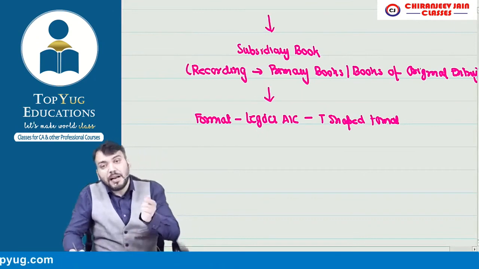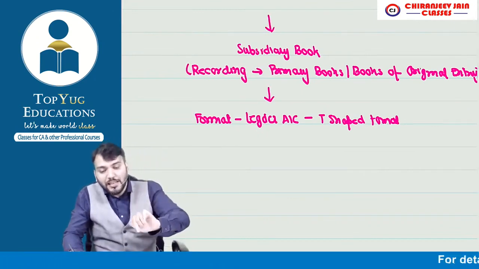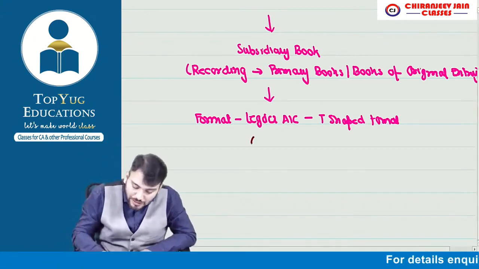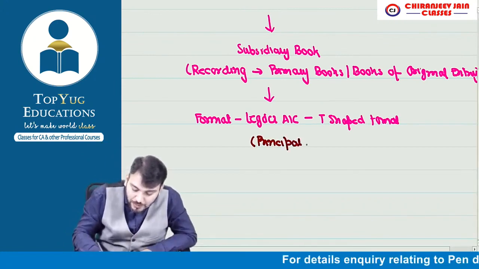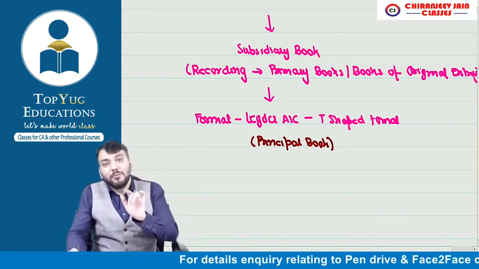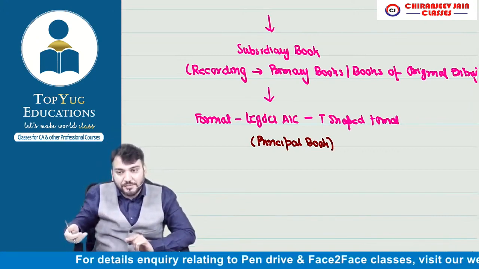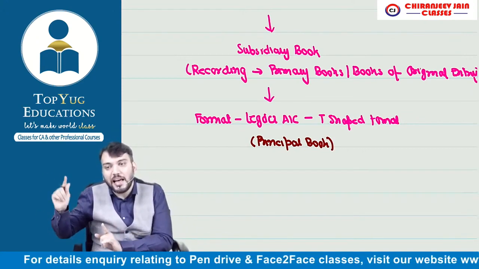It is a primary book as well as a principal book. Principal books are those books from which balances can be extracted and then we can prepare the trial balance.